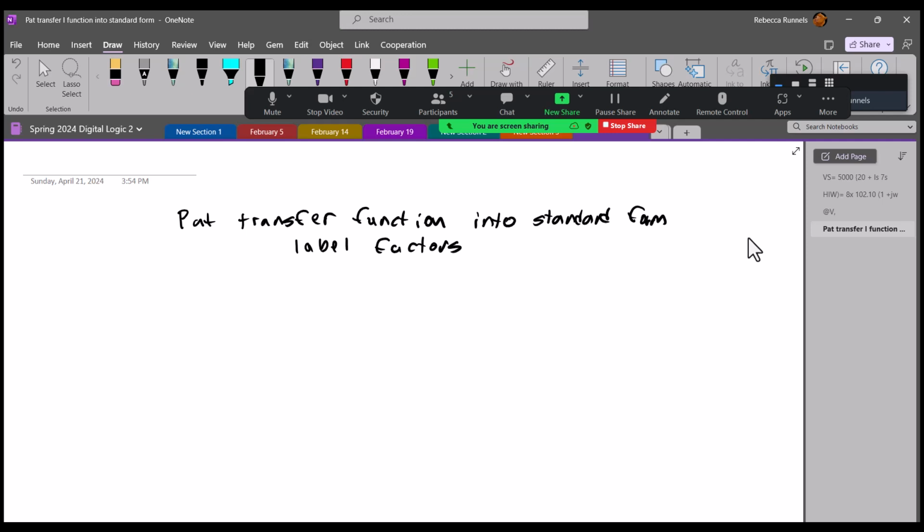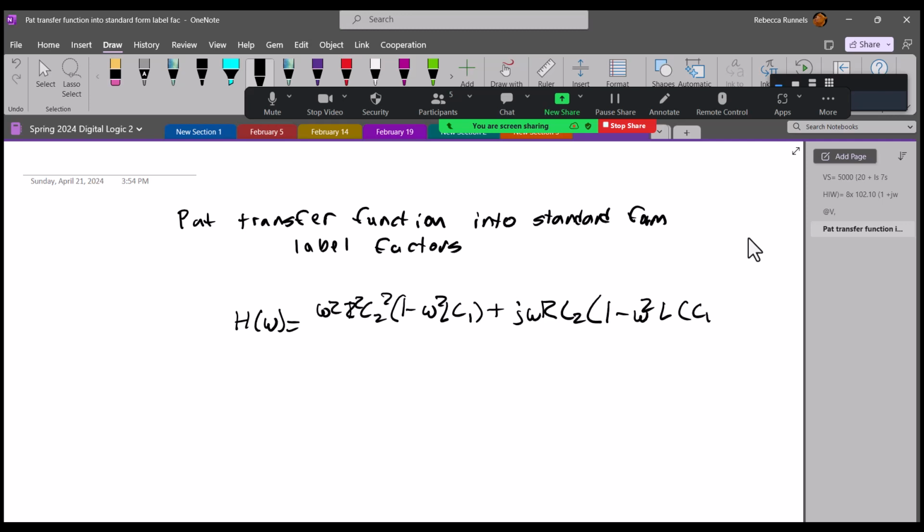Okay. Put transfer function to standard form, label factors. That's a problem. Okay, next one. Don't copy all this down.